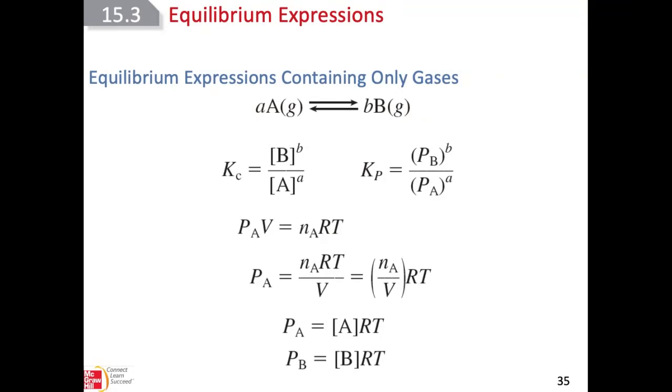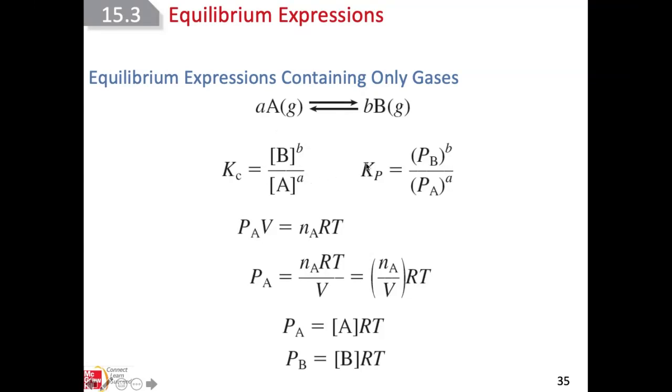So now when we have substances, and the reactants and the products are gases, so A is a gas and B is a gas, I can write down again Kc for this reaction. It's the concentration of a product raised to the power of b over the concentration of the reactant raised to the power of a.